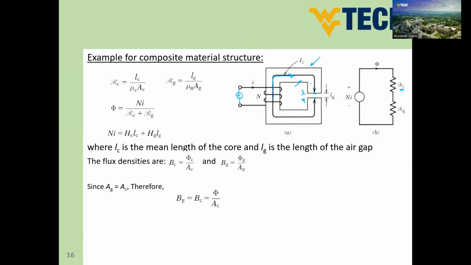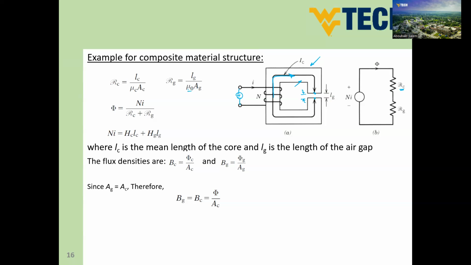And then the flux will travel through the air gap, so we need to calculate also the reluctance of the air gap. If you go to the air gap, you have Lg, the length of the air gap, this very small length, divided by mu node. We will not consider the mu of core here because there is no core, it's just air gap.